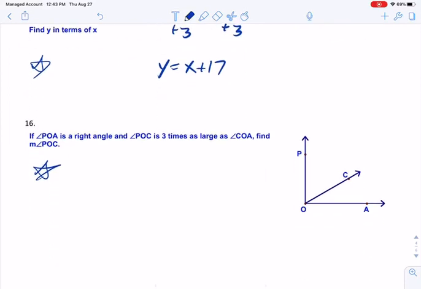Okay, POA is a right angle, so that's 90 degrees. POC is 3 times COA. So if I call COA x, the other one has to be 3 times larger, which I would call 3x.